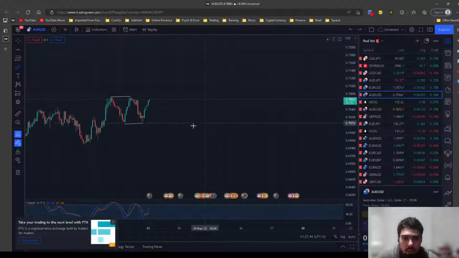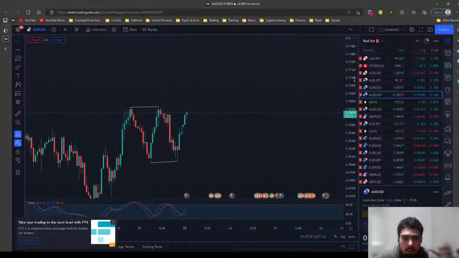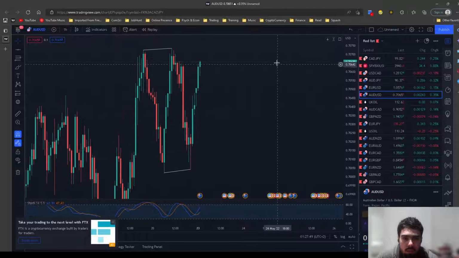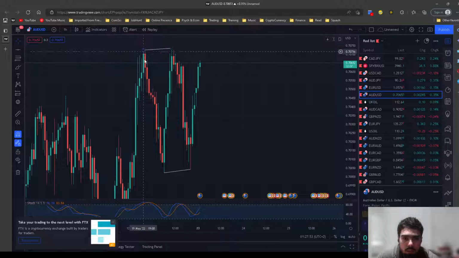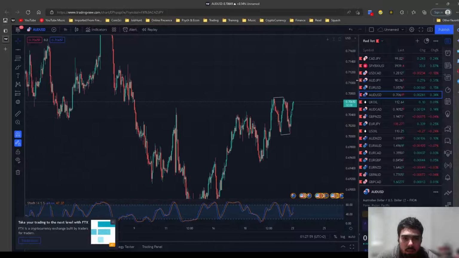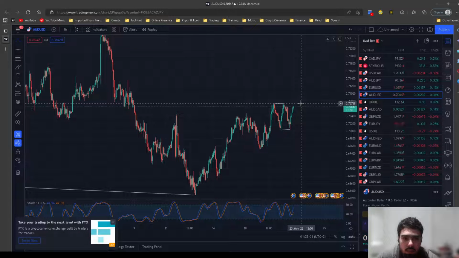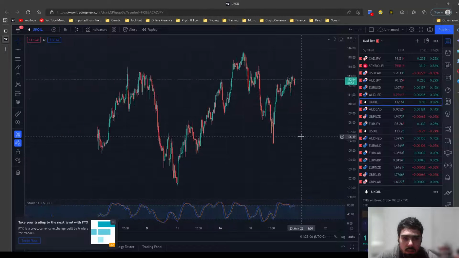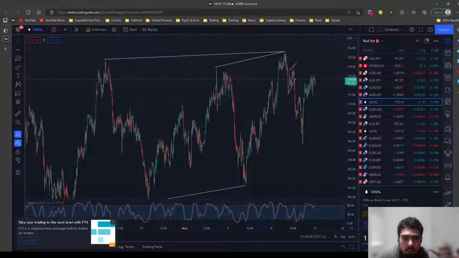It's actually more of a running flat. Technically it's a running flat because we broke that high and we did not manage to break this low. But it's a pretty straightforward flat, and I think we put a buy order in there. And I think that's all we're looking at the moment.